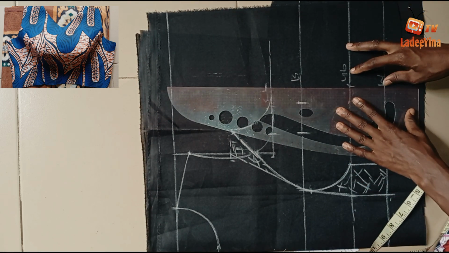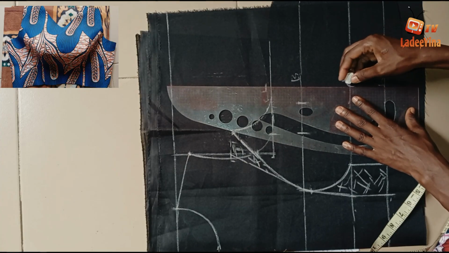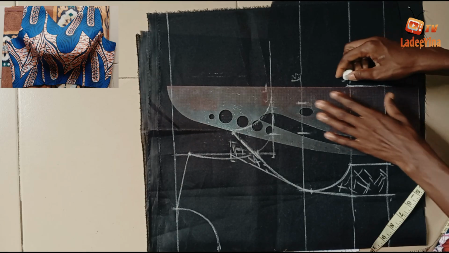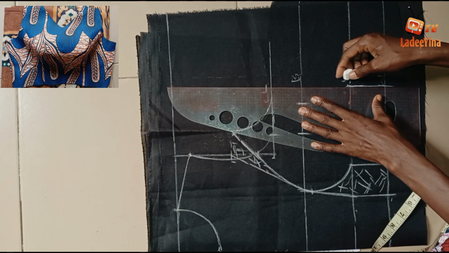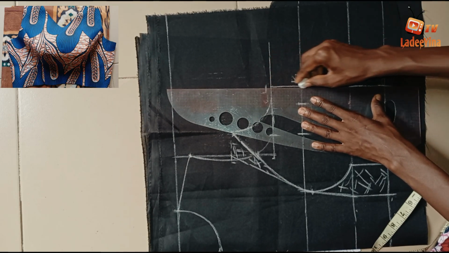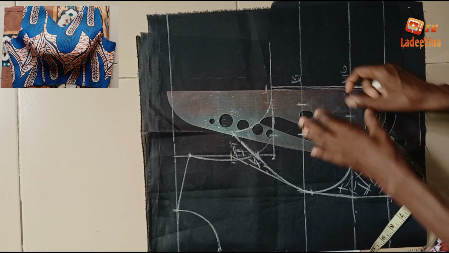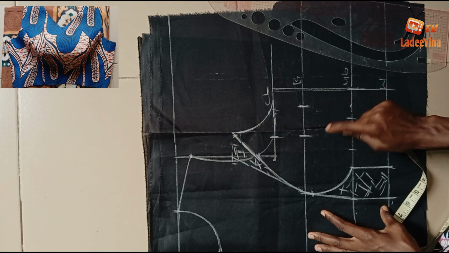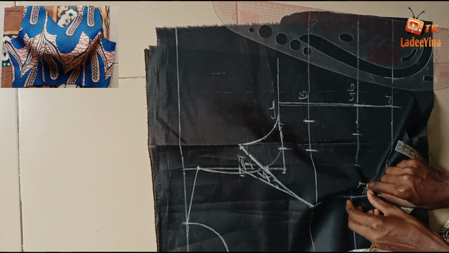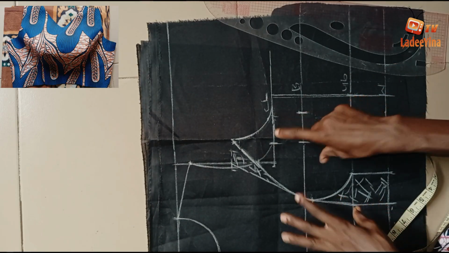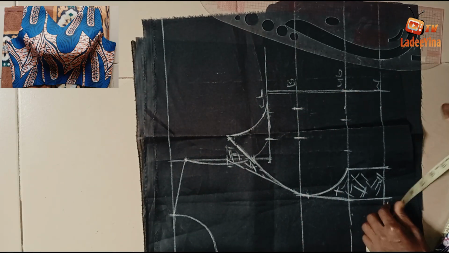So the next thing I'm going to do is to connect it. Don't worry, like I said, by the time we join all of this, it is going to align with the body measurement, right?